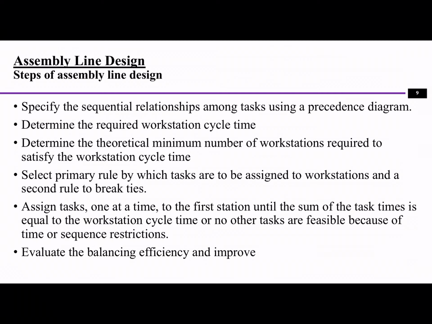And the next is to determine the required workstation cycle time. Right, so we are designing this assembly line. First, we need to understand what the required cycle time is that we have to achieve. For example, we have a certain requirement or demand for the products from the market. Then we are planning an assembly line that has to meet that requirement with a high cycle time or a really low cycle time.